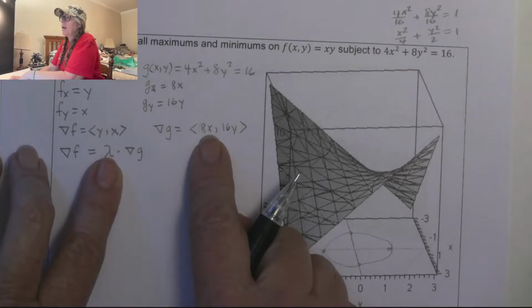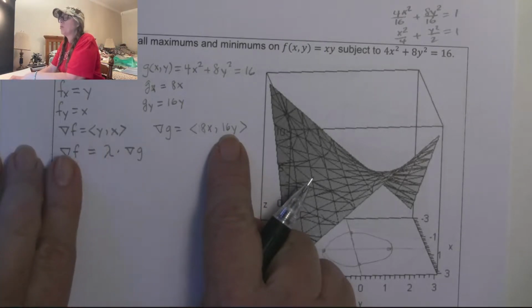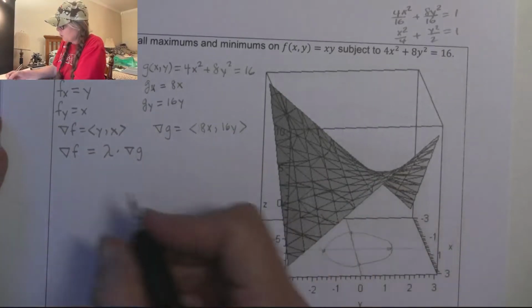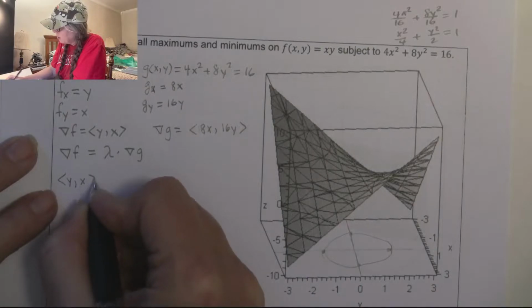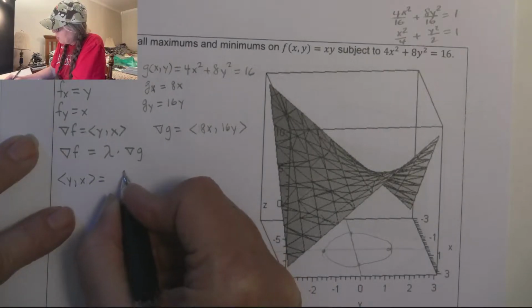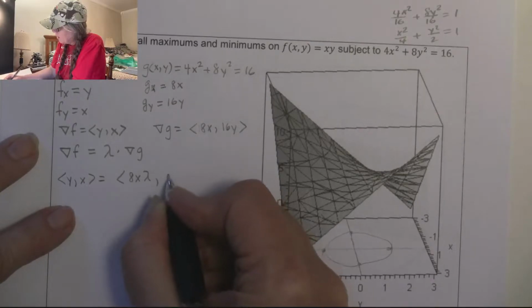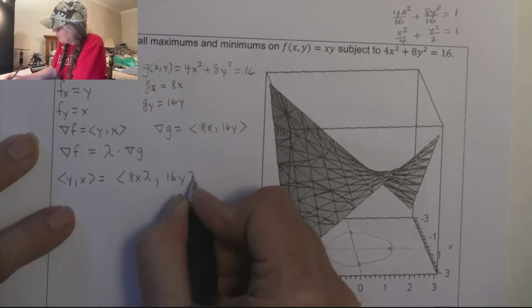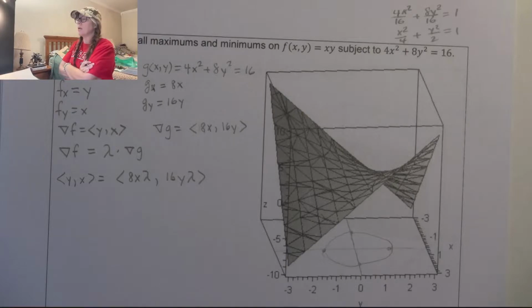You can write 8x lambda and 16y lambda. So I have yx here equals 8x lambda, comma, 16y lambda, my choice on if I write the lambda first or before the x or after the x. It's all good.